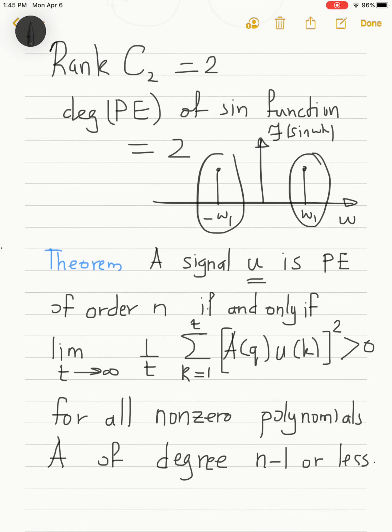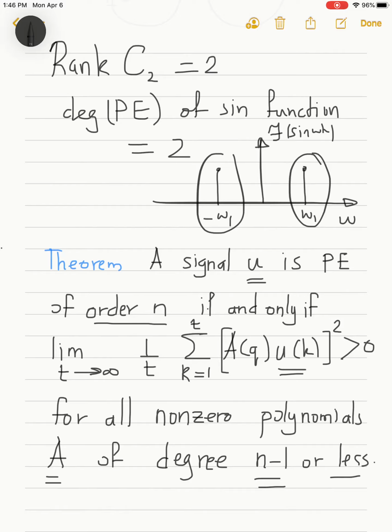According to the statement of that theorem, a signal u is persistently exciting of order n if and only if the limit as t goes to infinity of 1 over t of the summation of a polynomial A(q) times u, the signal we are interested in, all squared, is positive. And this has to be true for all non-zero polynomials A of degree n minus 1 or less, where n, as we said, is the persistent excitation degree.